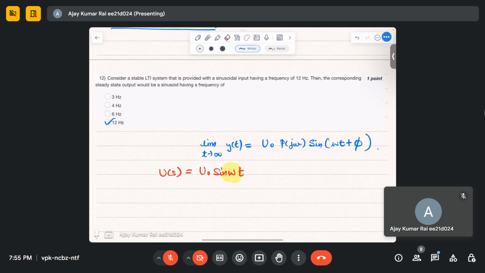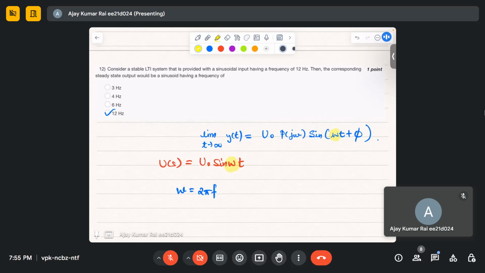Let me write omega as 2 pi f. So 2 pi is a constant. Just observe these two: this is the output and this is the input. The frequency is the same, which we have already seen. That's why the corresponding steady state output would be a sinusoid having a frequency of 12 hertz. Input and output frequencies are the same.